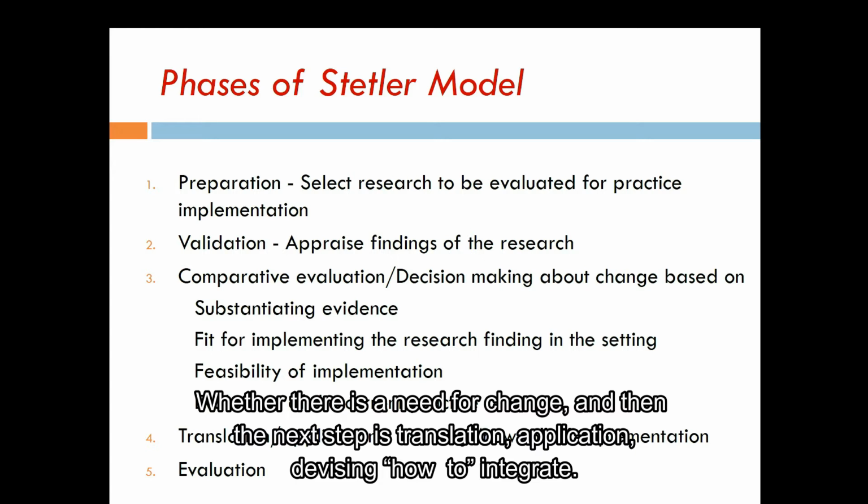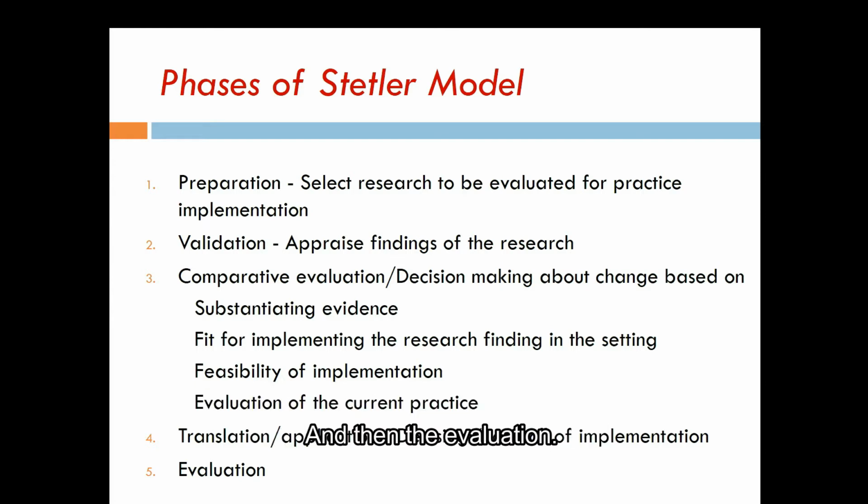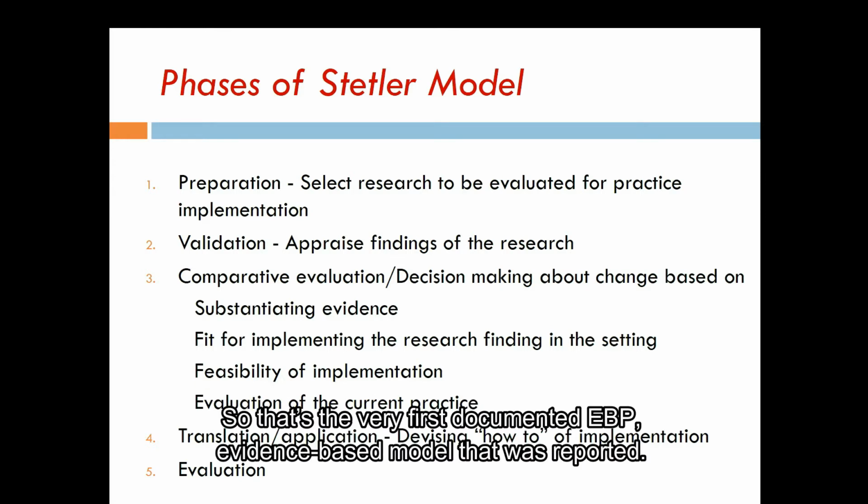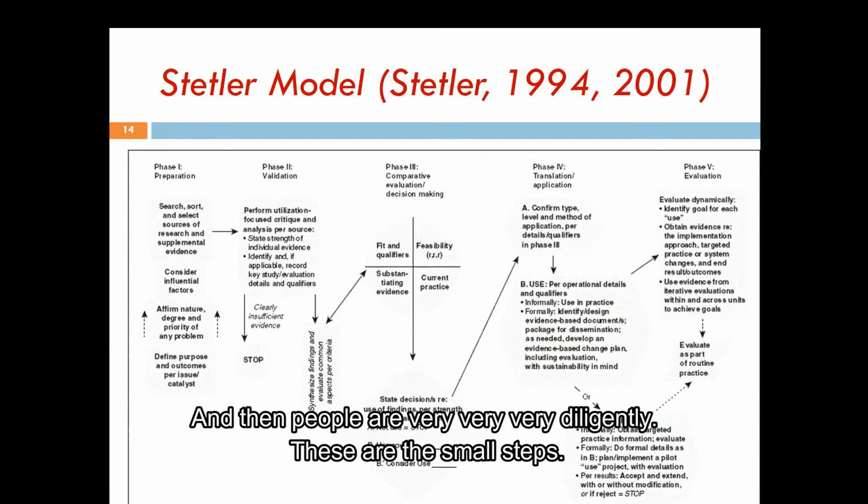And then the next step is translation, application, devising how to integrate. And then the evaluation. So that's the very first documented evidence-based model that was reported. People are very diligently following the small steps.